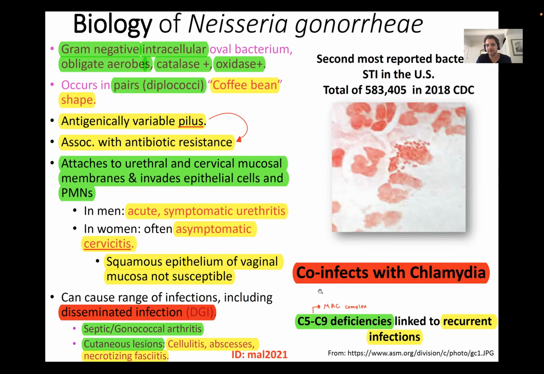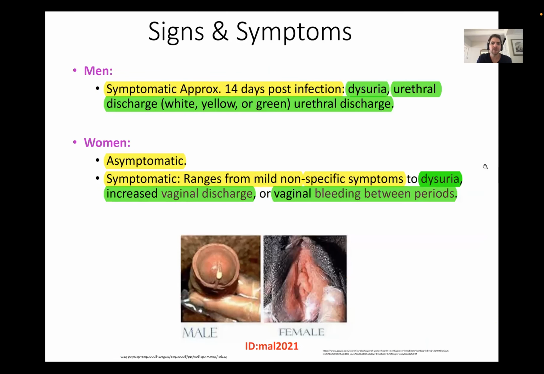And it specifically can affect this MAC complex. Remember, that makes those pores in the cell. So if you can't do that, it's really hard to kill the gonorrhea, the bacteria. All right, so you get this white, yellow, or green urethral discharge. Same thing with women, you get this discharge as well.